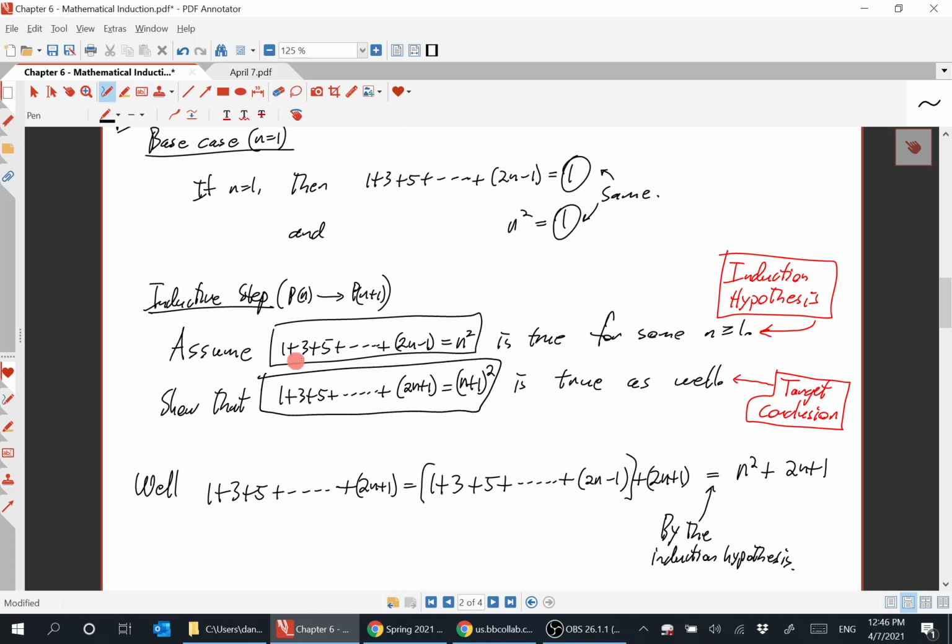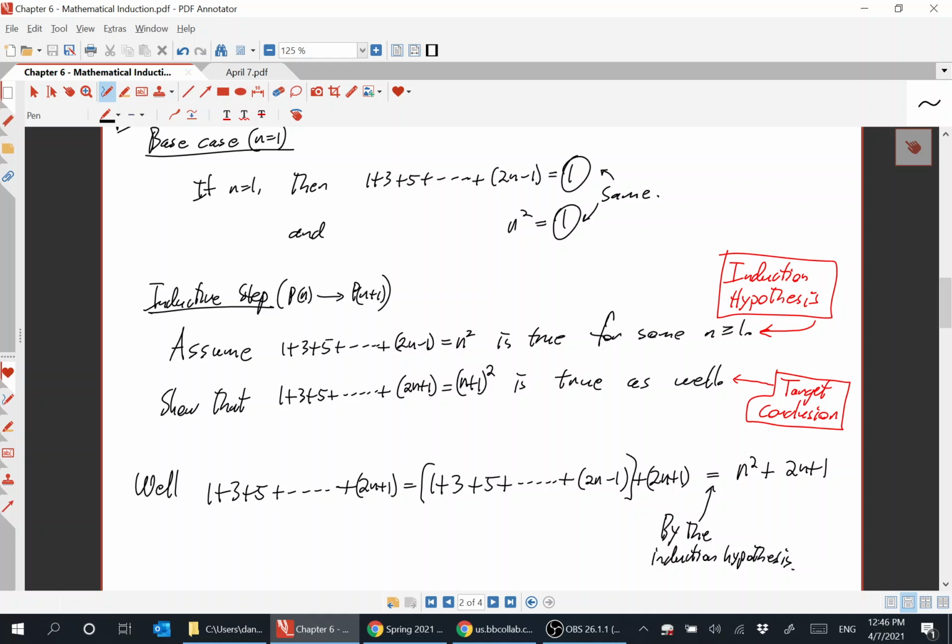So you assume Pn is true, that's your induction hypothesis, and then you state explicitly your conclusion. Induction hypothesis is the standard term. Target conclusion is something I call it for pedagogical reasons.